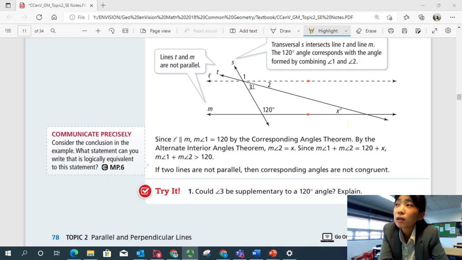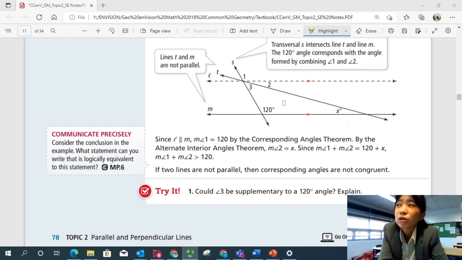In order for angle 3 to be supplementary to 120, it should have an angle measure of 60 degrees, right? But that means your x must be 0 degrees by the triangle angle sum theorem, right?